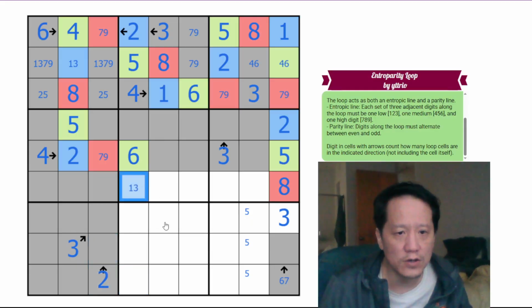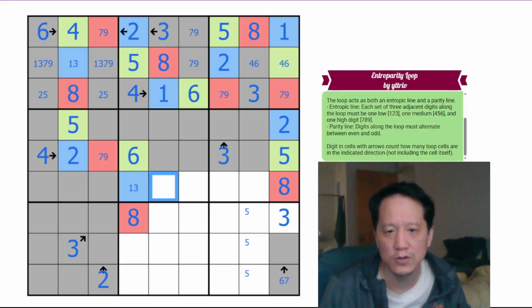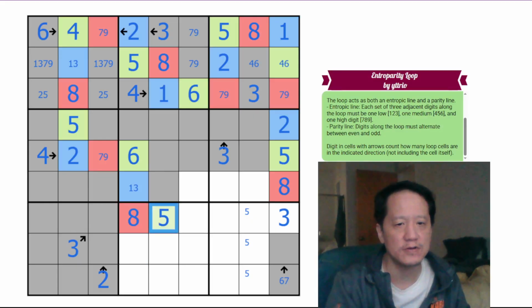This is low. We have to have a high even digit, so that means it's here. So this is 8. It cannot go here. We have to have a medium, so it has to have 5 and cannot be here, so this is 5.